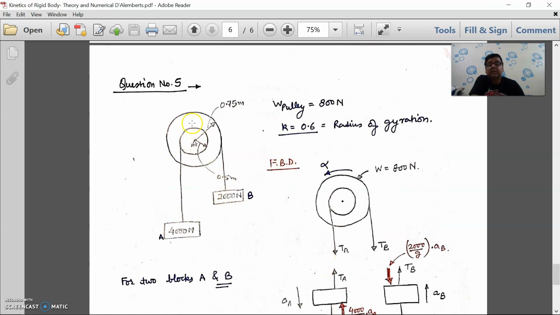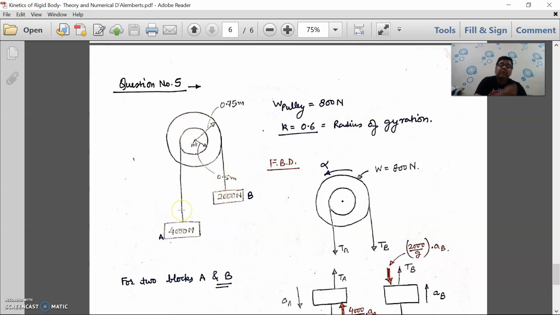This is the diagram. What we'll assume is that the weight is 4000 Newton on this side and 2000 Newton on the other side. The 2000 Newton is on the 0.75 meter radius, and the 4000 Newton is on the 0.5 meter radius.